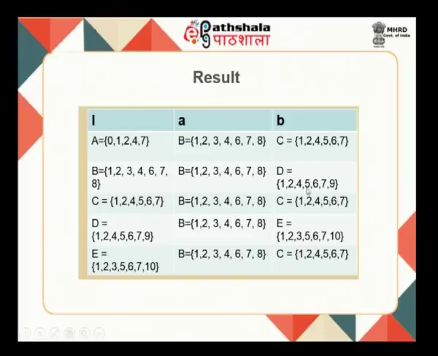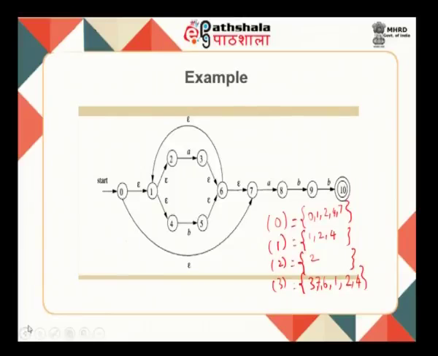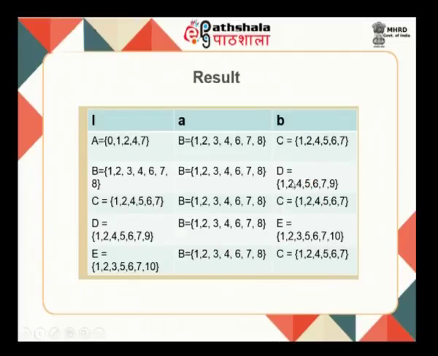So, it is this 1, 2, 4, 5, 6, 7, and 8 will go to basically 9 on B. So, epsilon closure of 9 is only 9. So, it is 1, 2, 4, 5, 6, 7 and 9. Because we already know epsilon closure of 5 is going to be 1, 2, 4, 5, 6, 7 and epsilon closure of 8 is going to be 9. So, what has happened? I have one repeating state and I have one new state.